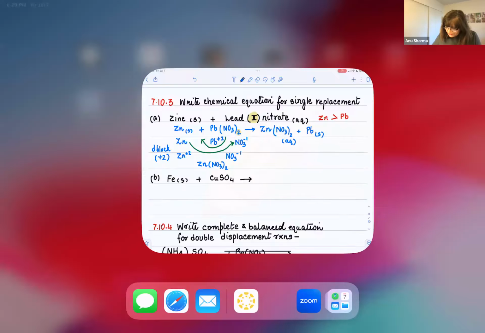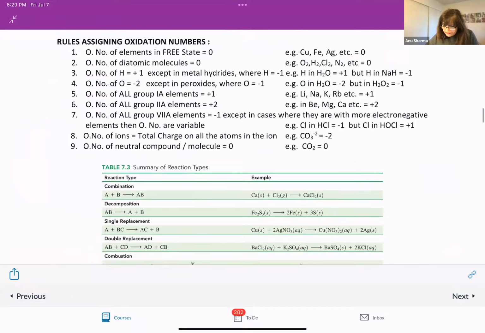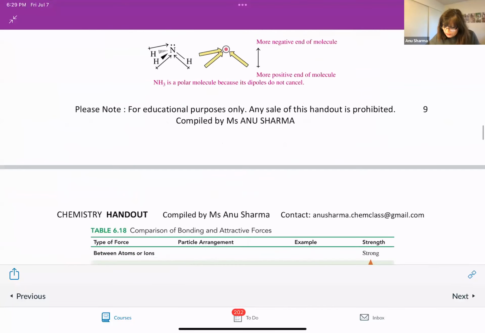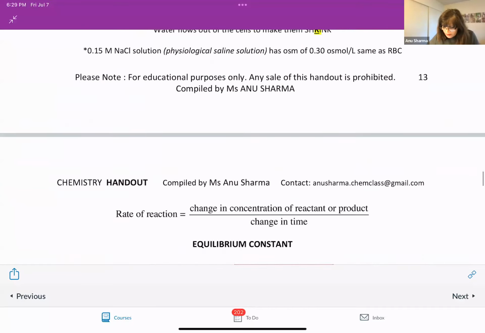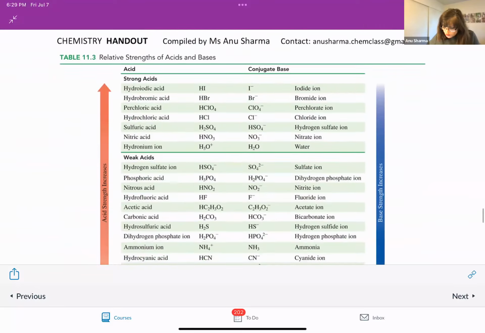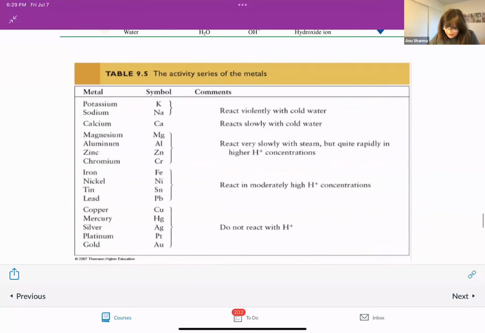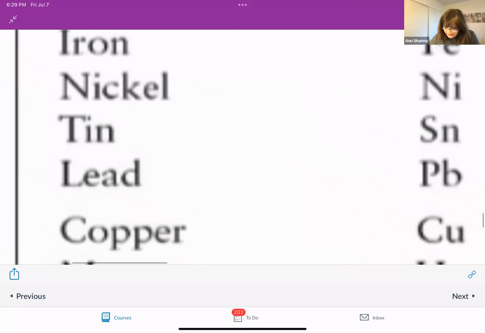Next, look at iron with copper sulfate. So here, once again, refer to the activity series, and you will see that iron is above copper in the activity series.